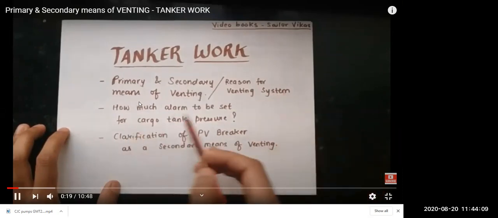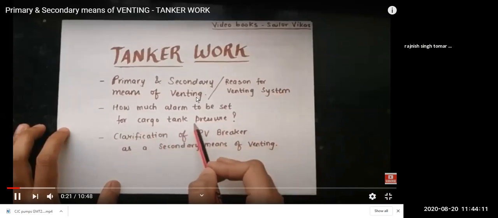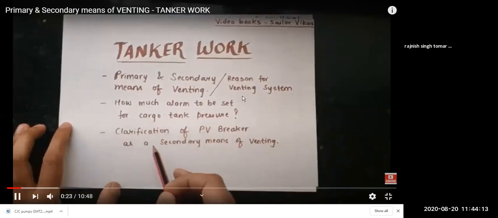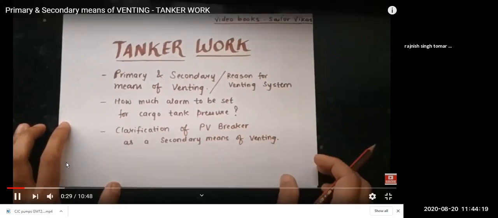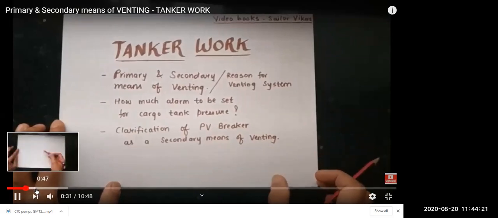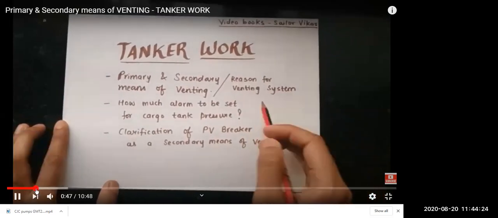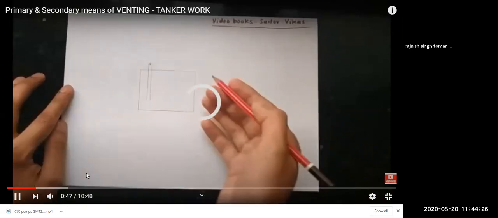So first we need venting, and the reason for venting is to release the pressure. Okay, sir. So we will see all these things, what is primary, secondary means, and what are the alarm settings of each.